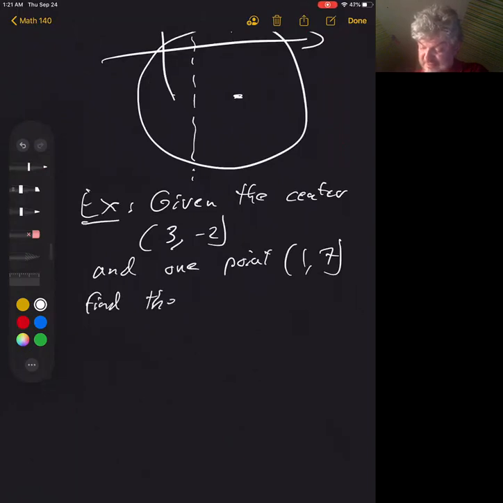Find the equation for the circle determined by these 2 data, these 2 clues.